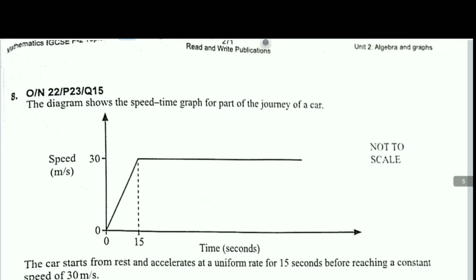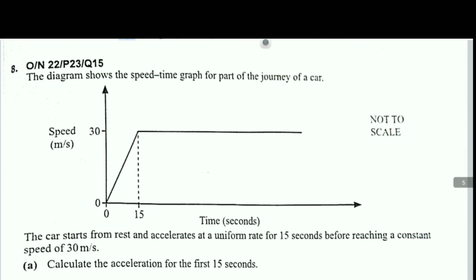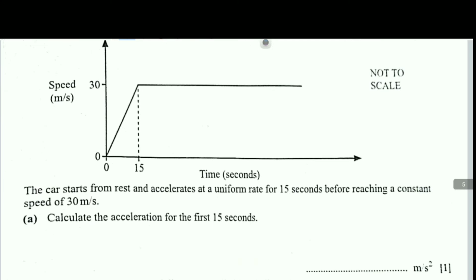Question number 8. The diagram shows the speed time graph for part of journey of a car. The car starts from rest and accelerates at a uniform rate for 15 seconds before reaching a constant speed of 30 meters per second. Calculate the acceleration for the first 15 seconds.